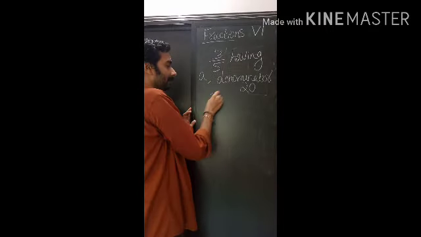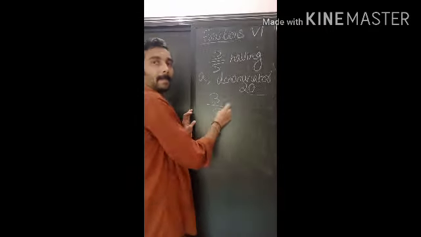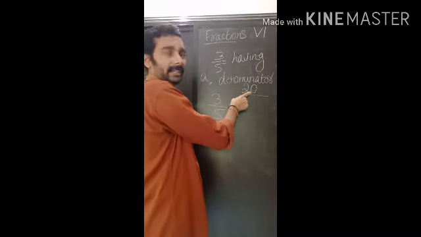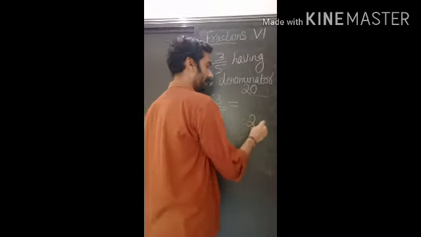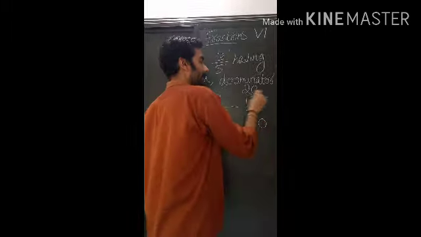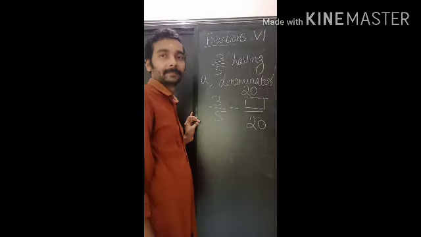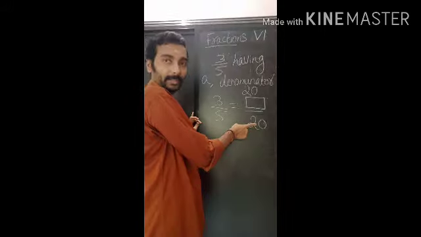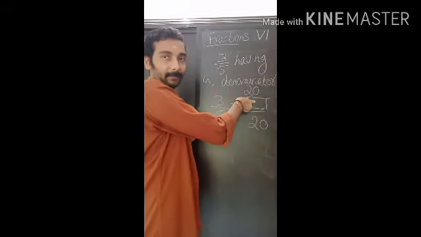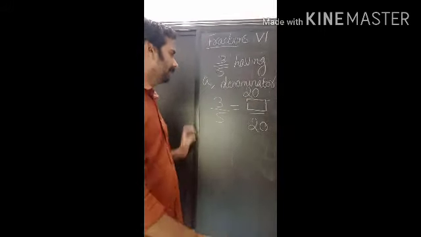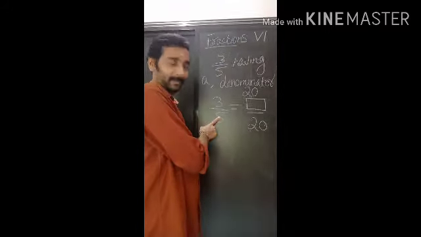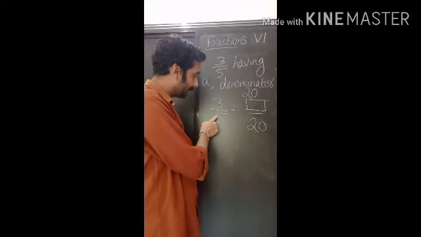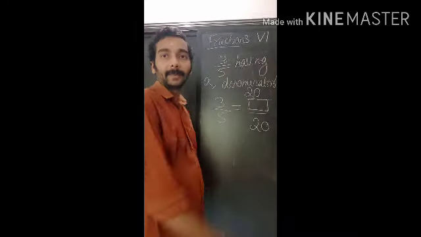First we write 3 by 5 equals, denominator 20, so first we write 20. We find this number. This one is 5, this is less, this one is 20. Which number do we multiply by 5 to get 20?